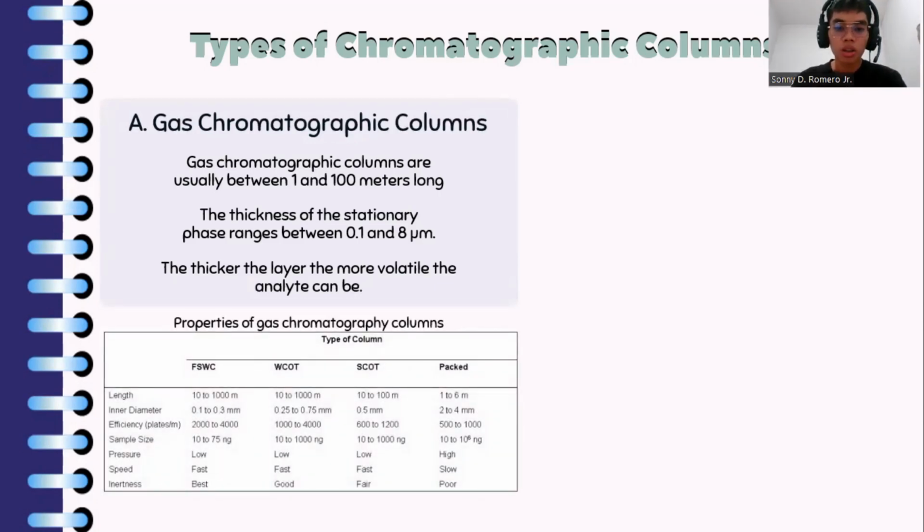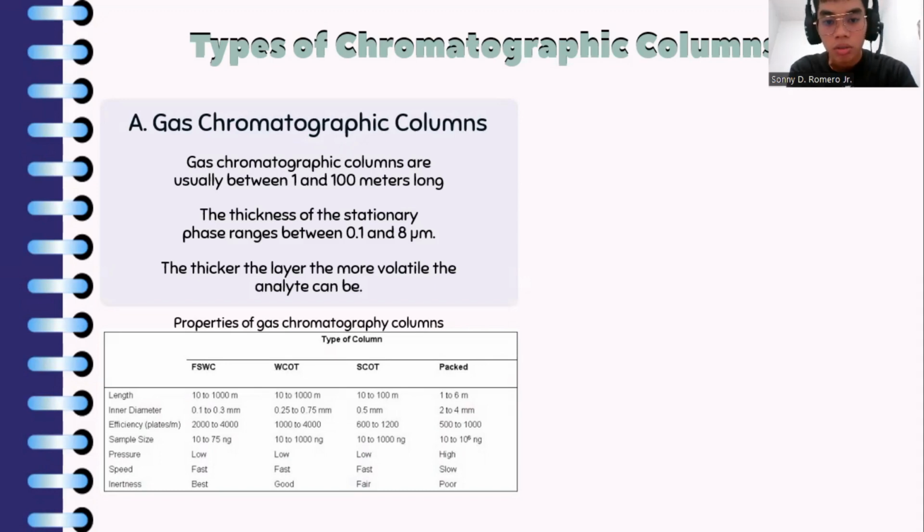Packed columns can only achieve about 50% of the efficiency of a support-coated open tubular column, and furthermore, the diatomaceous earth packing degrades rapidly due to the semi-permanent adsorption of impurities in the column. In support-coated open tubular columns, the columns are first coated with a thin layer of sorbent solid, such as diatomaceous earth.